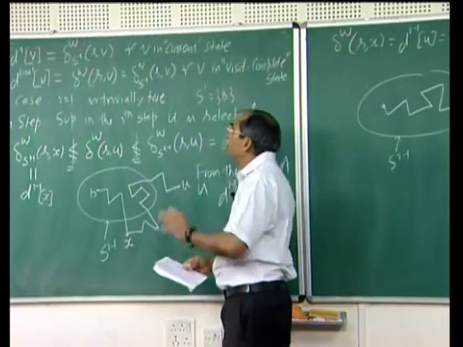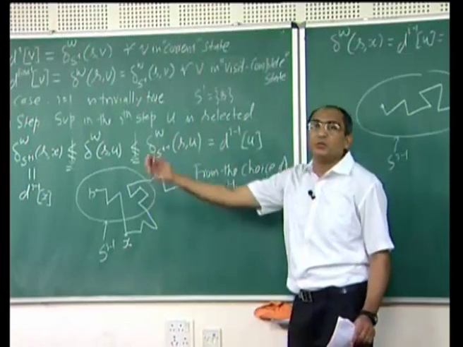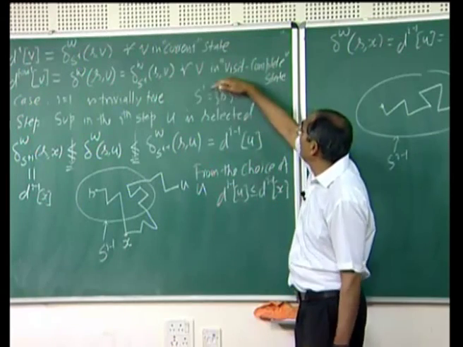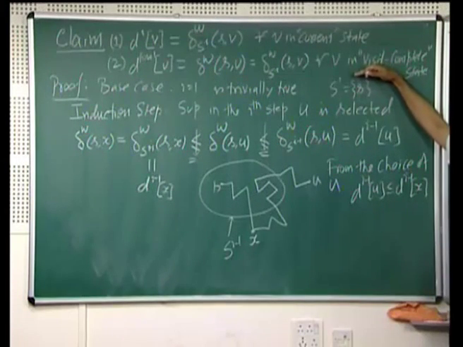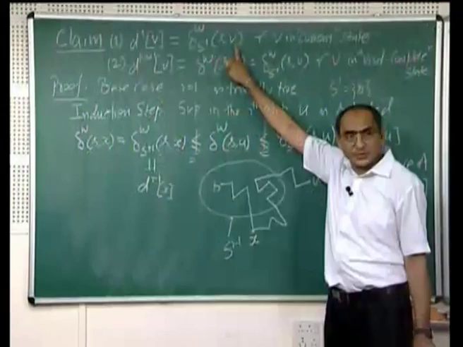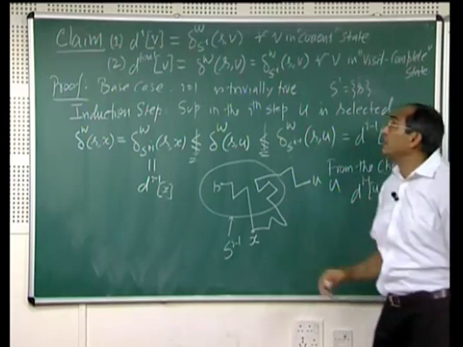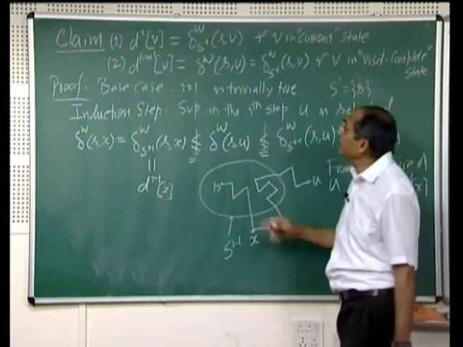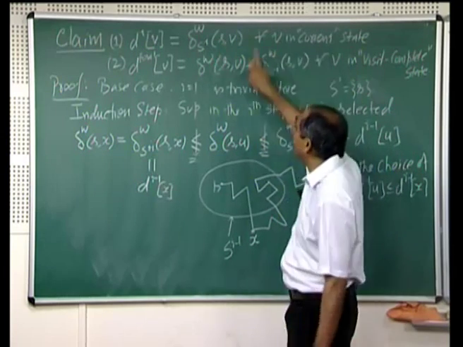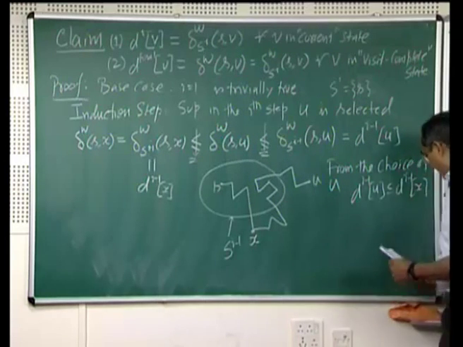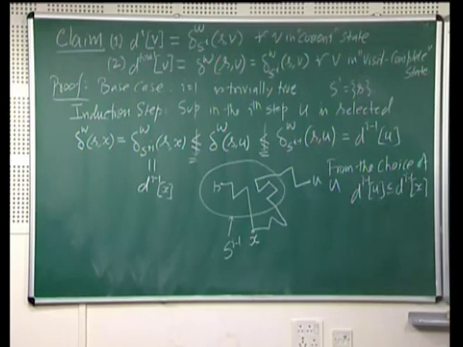What we did is we proved that this is also true for the new vertex that entered into set S. So, induction says therefore, this holds, but this is not complete unless we also prove this claim. So, now we will try to show that everything outside, everything in current state, will have this thing true. So, let us now prove that claim.